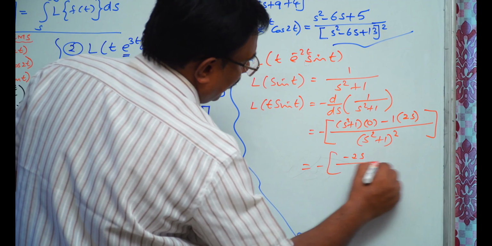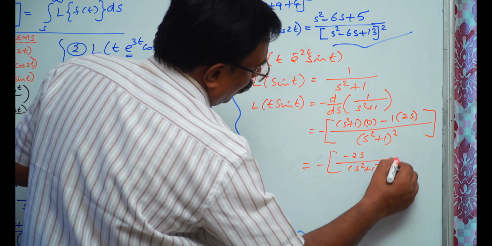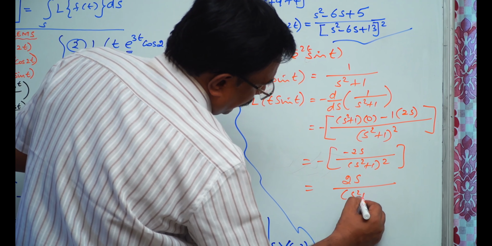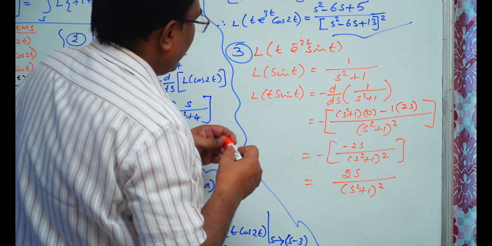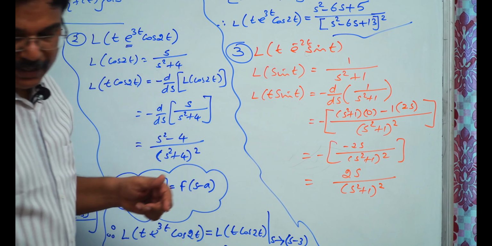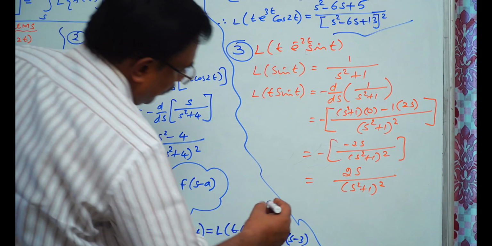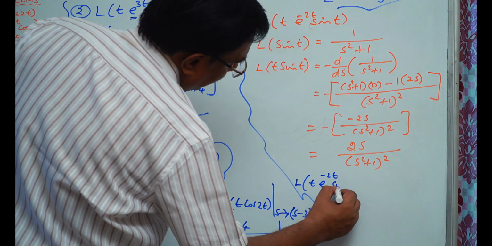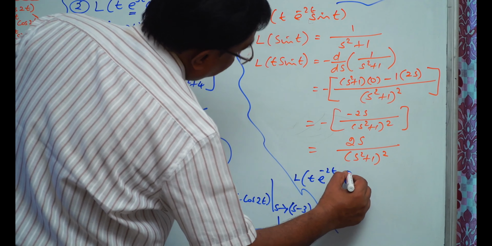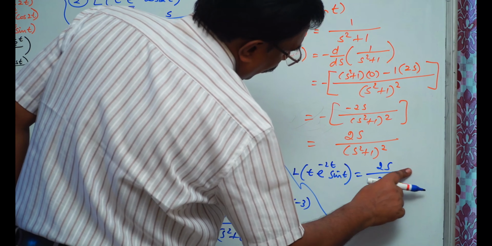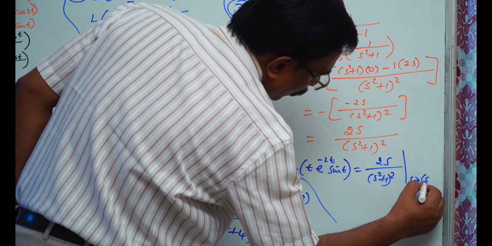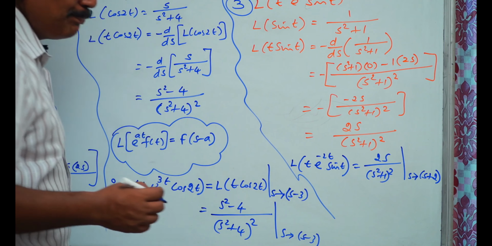So minus 2s will come here over s square plus 1 whole square, which is equal to 2s divided by s square plus 1 whole square. Finally, e power minus 2t is waiting for the result. Laplace of t e power minus 2t sin t is nothing but 2s divided by s square plus 1 whole square, where s is replaced, since e power minus 2t means we have to put s plus 2. Remember, s plus 2.